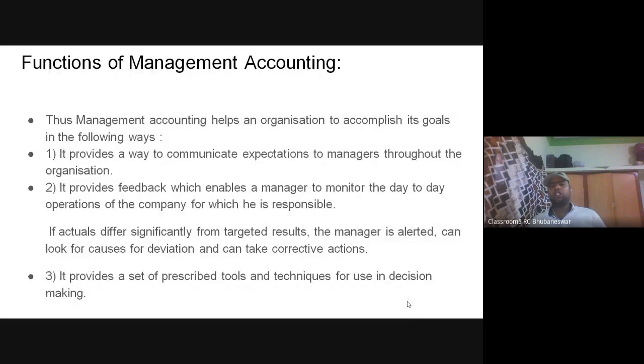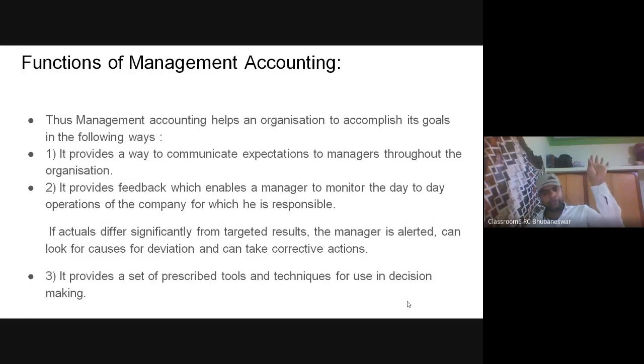Next, functions of management accounting. What are the various functions of management accounting? In cost accounting, cost ascertainment, cost reduction, control, and the fixation of selling price are done. In financial accounting, recording, classifying, summarizing, preparing final accounts, then finding out profit or loss and financial position of the business, then interpreting the results.